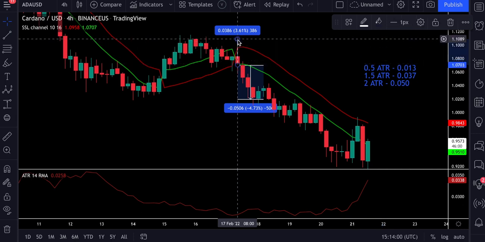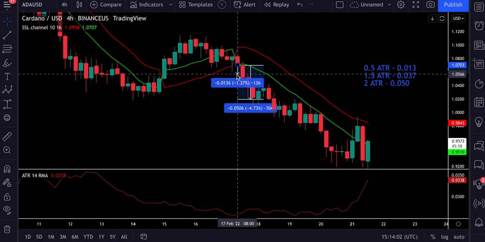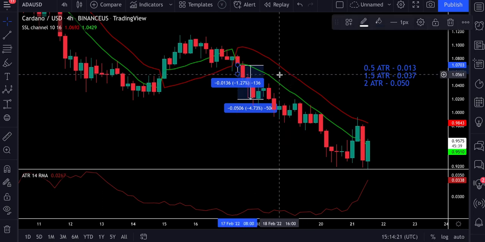You want to place it all the way down here so that the distance between the current price and your stop loss is exactly 1.5 value of the ATR, which in that case, we need to put this distance as 0.5 ATR. That is 13. I hope this makes sense.